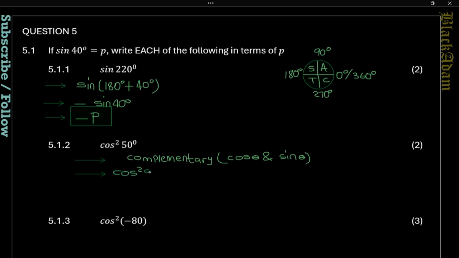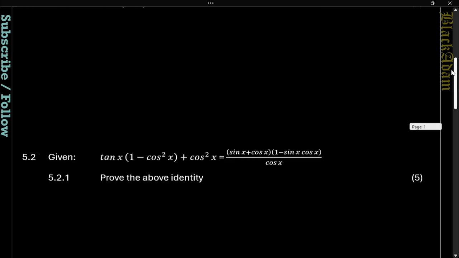Then cos 50 degrees squared is going to be sine 40 degrees squared. So sine squared 40 degrees. And we know that sine 40 degrees squared is equal to p, so that's going to give us p squared. So that's the answer for 5.1.2.